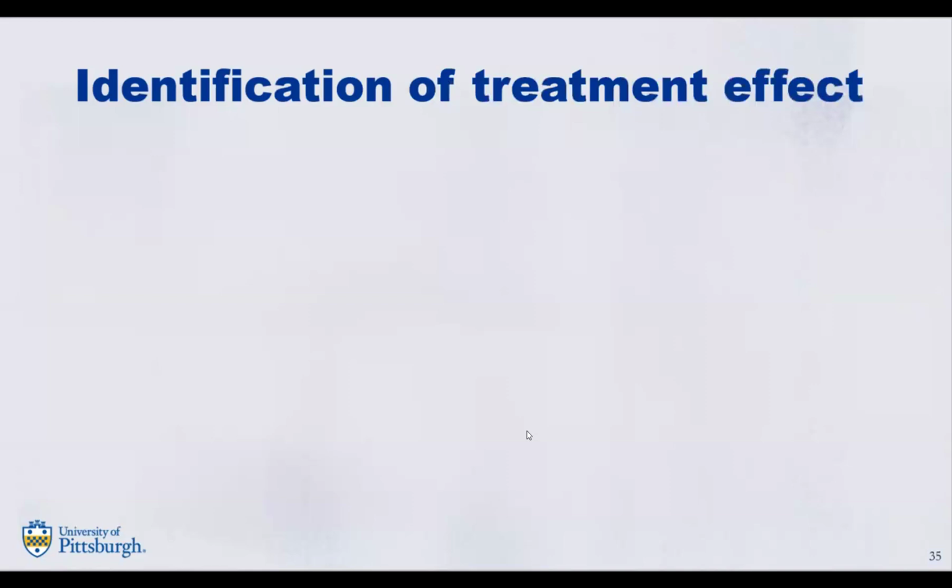Let's take a look at this graph. This blue oval represents the range of Y0M0 for all the individuals. It is the potential outcome if an individual did not attend the program. And this blue oval represents the range of Y1M1 for all the individuals. It is the potential outcome if an individual attended the program.